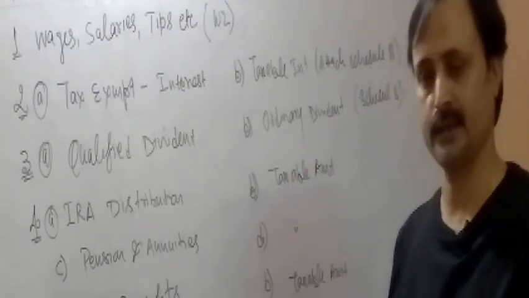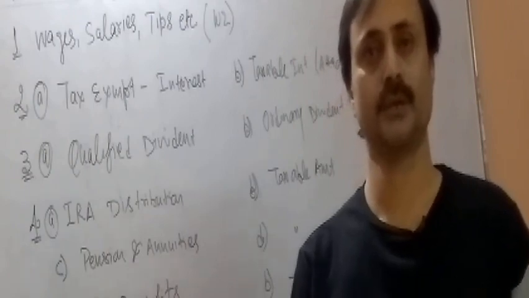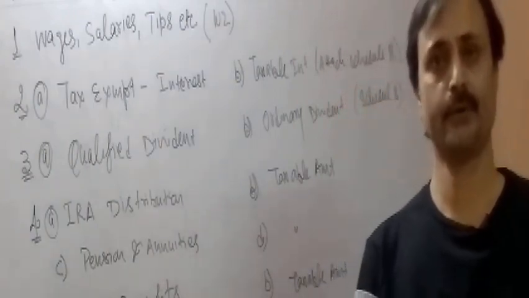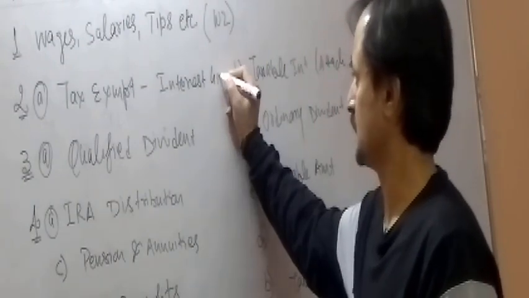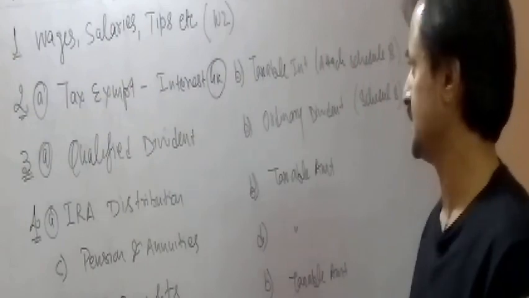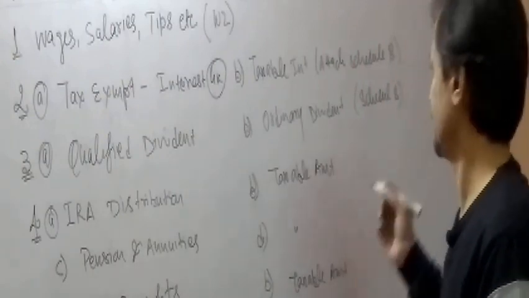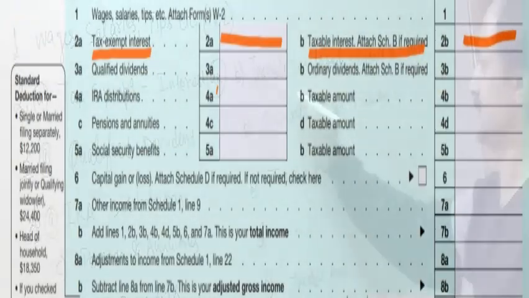Like if someone earned 10,000 and maybe the first 4,000 is exempt from taxes, that 4,000 amount will be written here. The rest of the 6,000, since that will be the taxable amount, will be written in the B section.